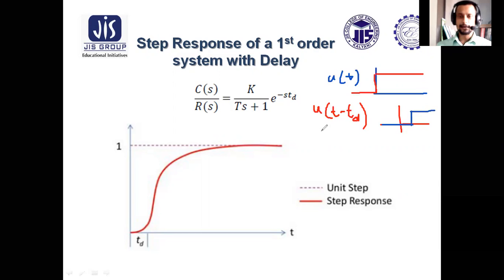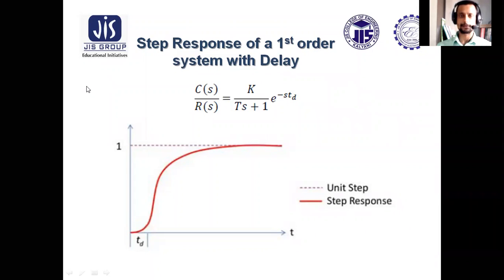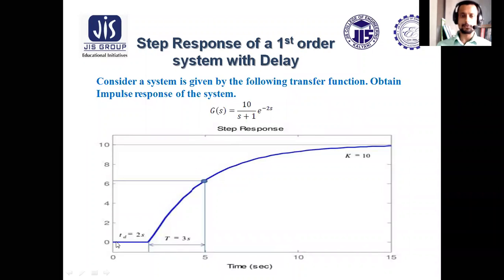In the case of a delayed step input, the input is applied after a certain delay. This delay is denoted by Td here. As a consequence, the output will also be delayed. Now the remaining part is the same. Due to this delay, there is a 2 second delay. The step response will be like this.